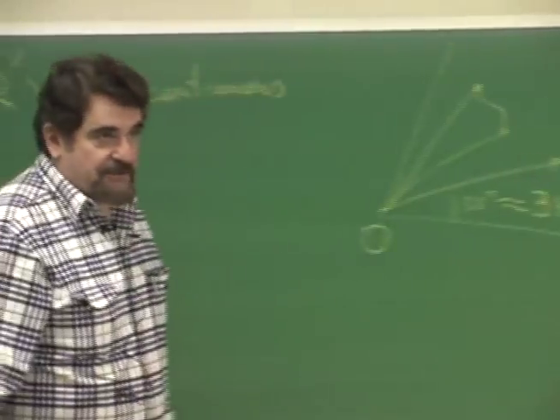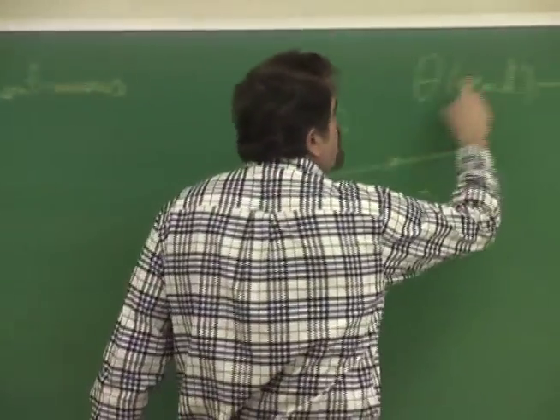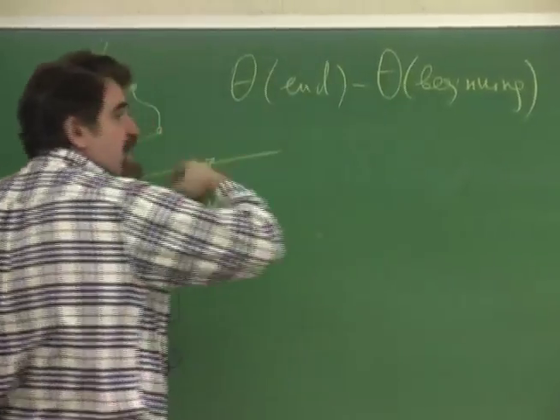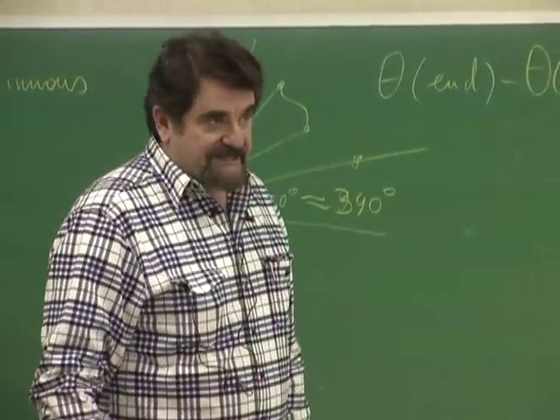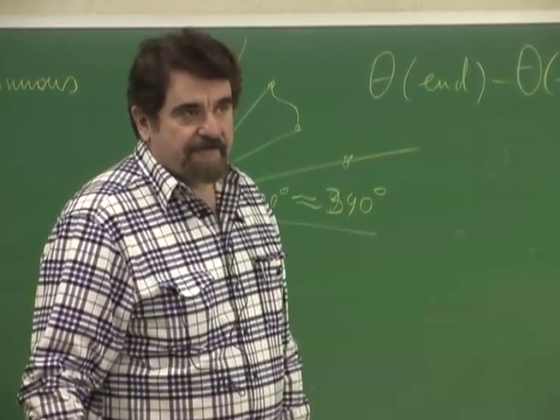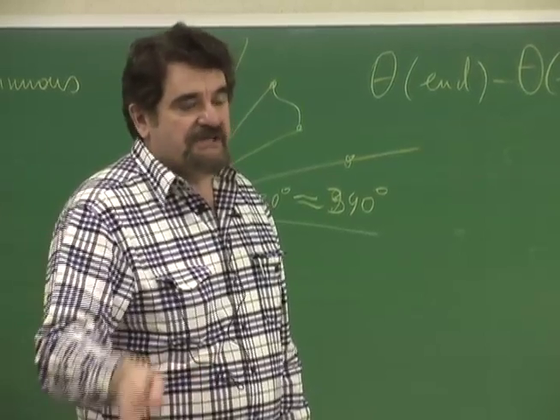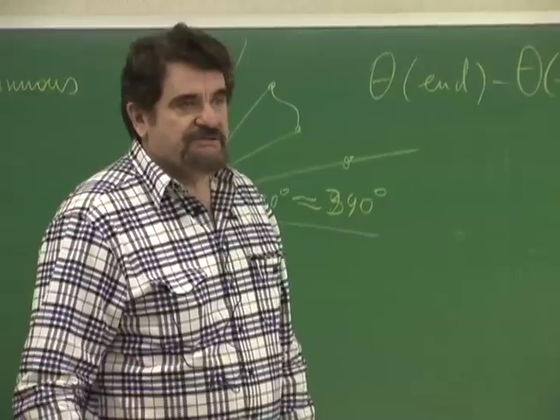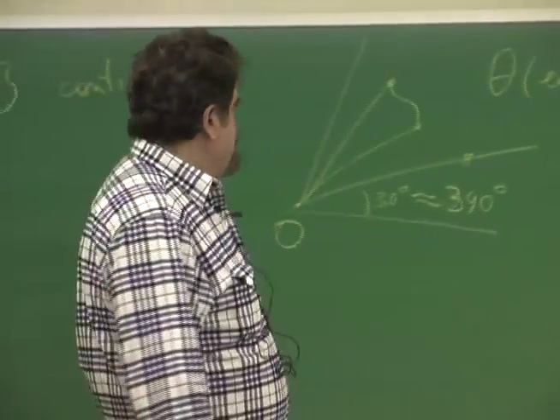So it's up to me to decide. So each of these angles can be defined in multiple ways, but nevertheless the difference is well defined. No matter which leaf of the angle function we choose, the difference is well defined.